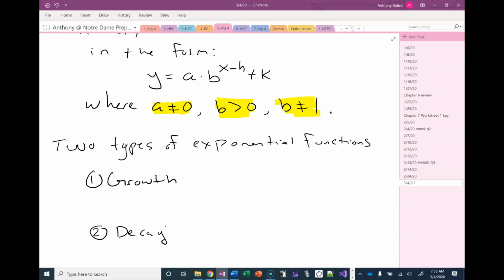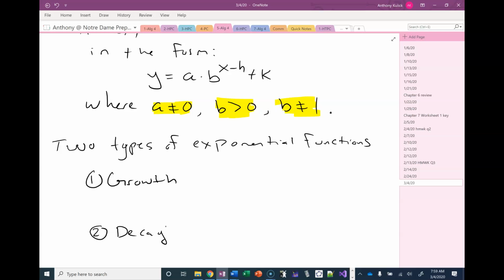So when we say growth, what do we suppose is happening? Things are getting bigger, right? If we're looking at the graph, what would we expect the graph to look like as we go from left to right? It'd be going up. Everybody's okay with that idea? And decay then would be things getting smaller, so as we go from left to right, we'd expect it to be going down. Everybody's okay with that idea?